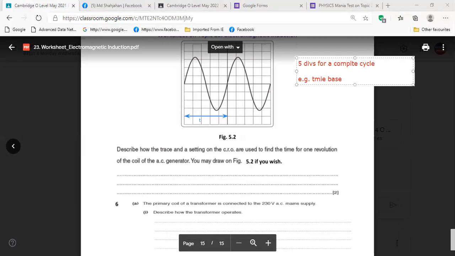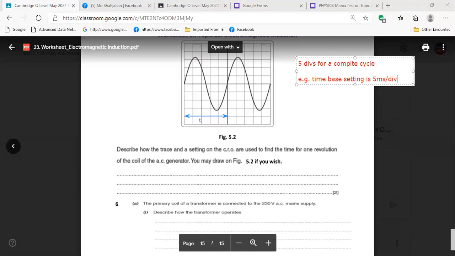You wrote time spelling wrong, write it correctly. The time base setting is 5 millisecond per division.